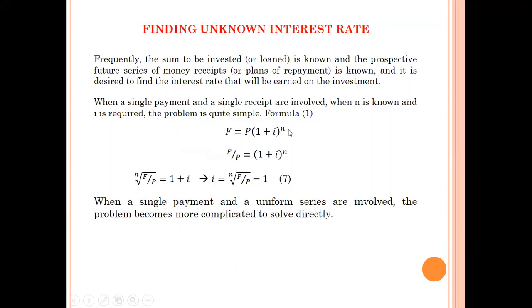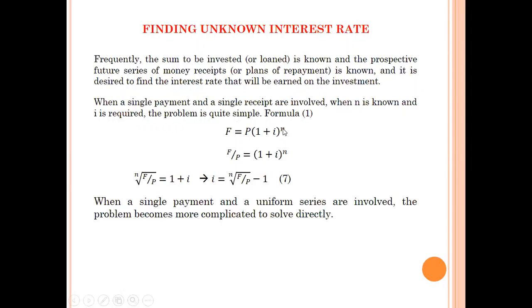So what I told at the beginning is that in formulas, we have 4 parameters. For example, in the first one, F is equal to P times (1 plus I) to the N. We have F, we have P, we have I, we have N. And we have to know at least 3 of them to be able to calculate the remaining, 4th one, right?